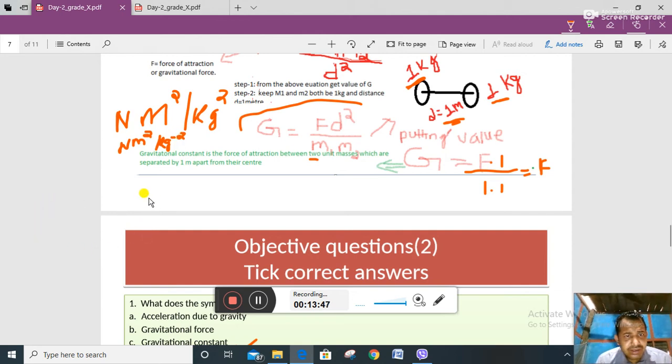The value of the gravitation constant is 6.67 into 10 to the power minus 11. Now copy the same unit over there: Newton, and it is a standard value, we know that one, Newton meter square.